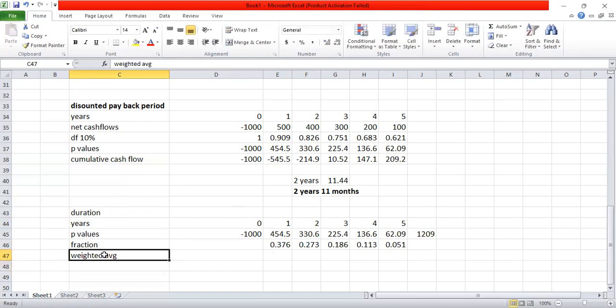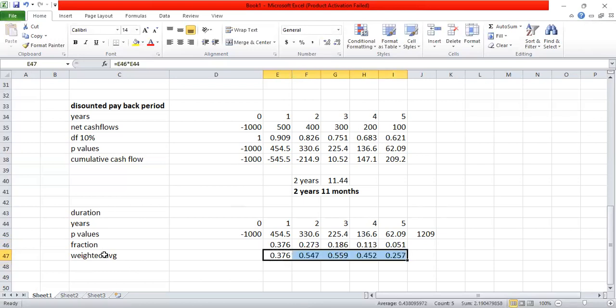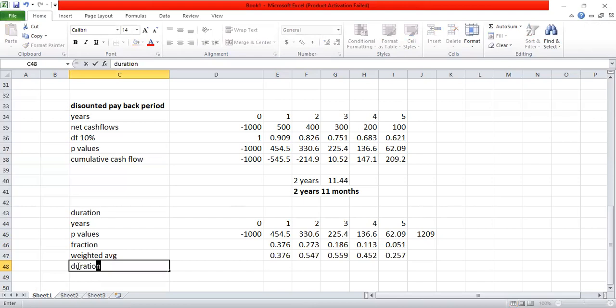Number third step is to compute the weighted average. For the weighted average, you will multiply this figure with the respective number of year. Like you can do this. This multiply by this. Just copy and paste. Now this will be the deviation.